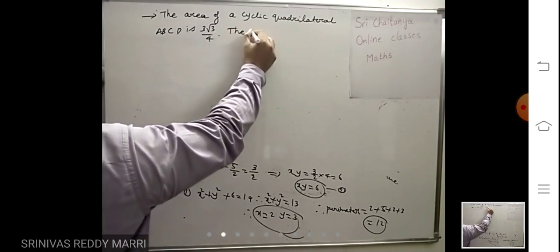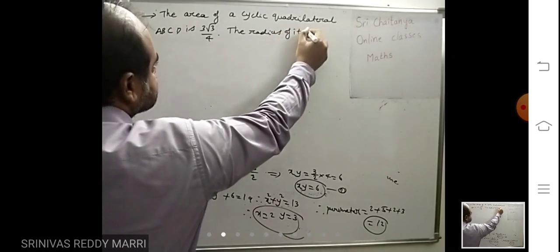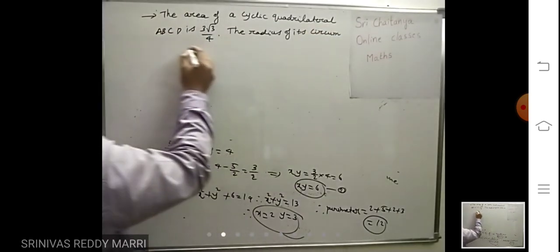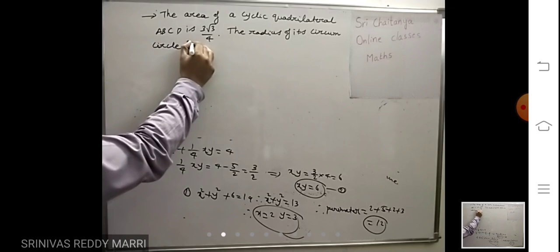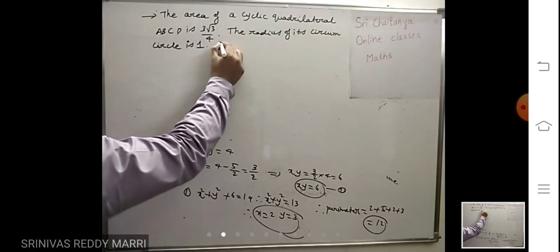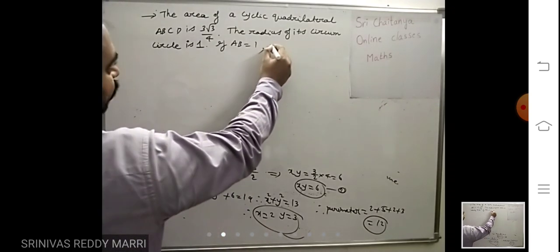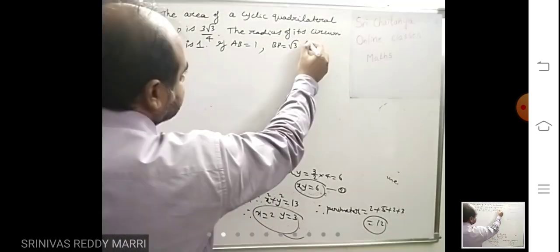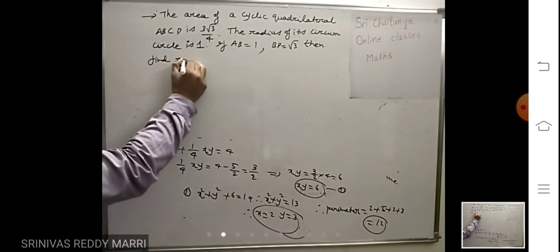The radius of its circumcircle is 1. If AB equal to 1, BD equal to root 3, then find the remaining sides.